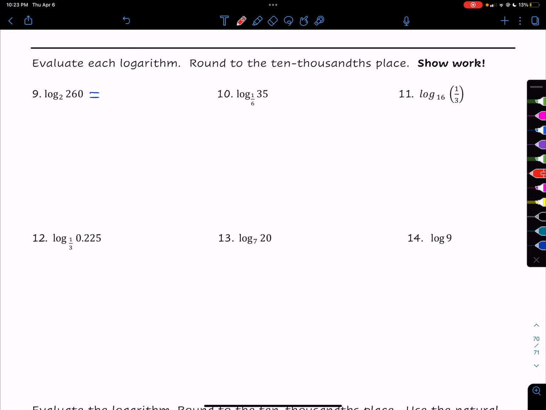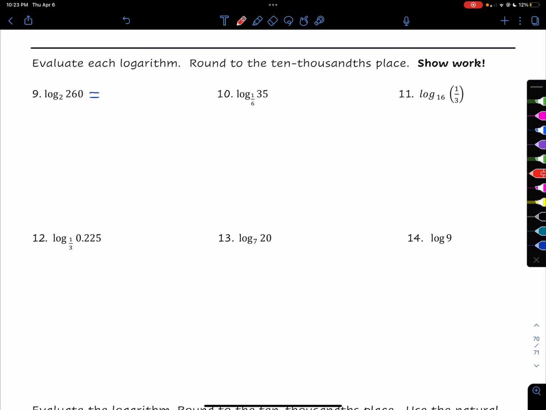This one here, if you were to look at your pink paper, see if you can find a value, which number 2 times what, or 2 times what power, nope, that came out wrong. 2 to what power would give me 260. So when you're looking at your pink paper, when you're trying to find that, there won't be one because it's not a perfect value based off of what our chart gives us.